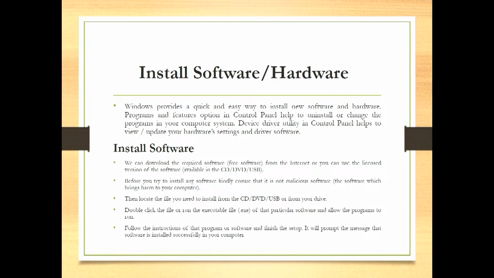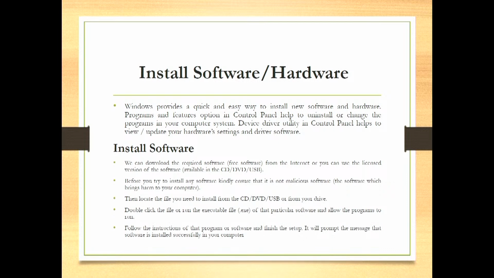In between, while installing software, it will ask me for the path where to install it, either C drive, D drive, or any other drive or the desktop. You will see that by default the system takes it to C drive. As I told you, C drive is meant for installing all the system software or application software.